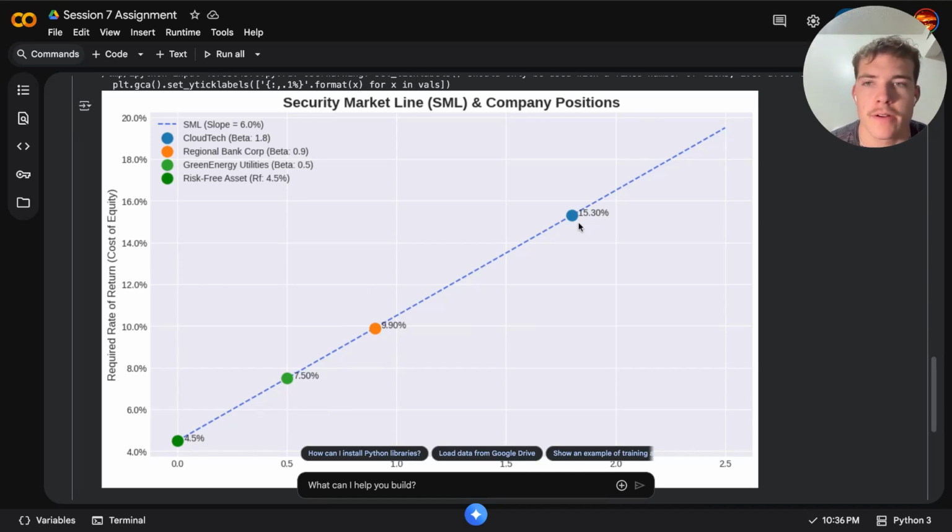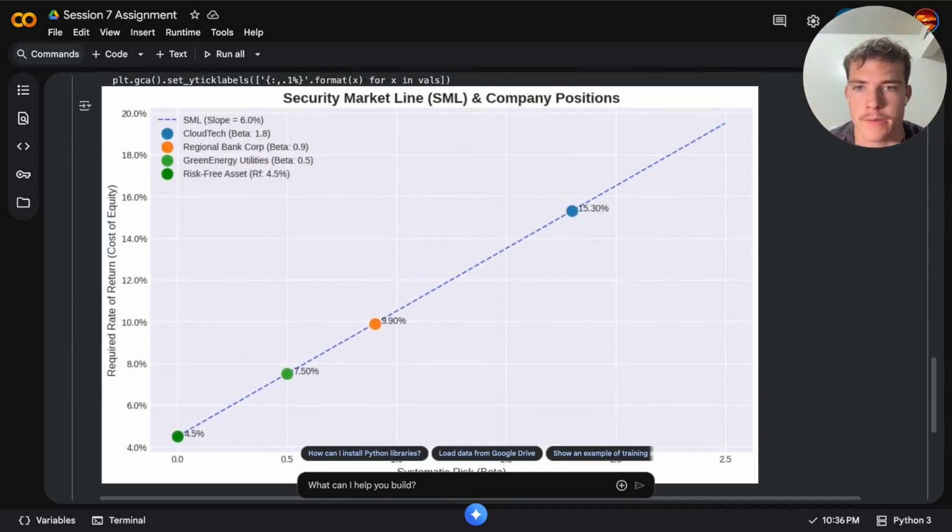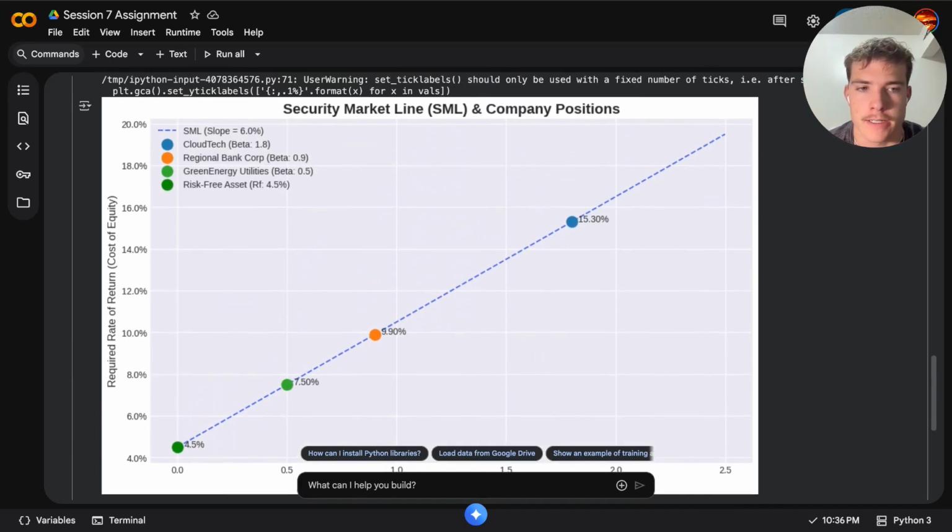And then way up here, you see CloudTech, which requires a return more than double that of the utility to compensate for its high systematic risk. So this confirms our calculations are verified and correctly plotted. And that is it that we have done today.